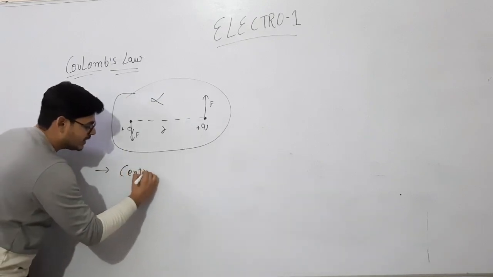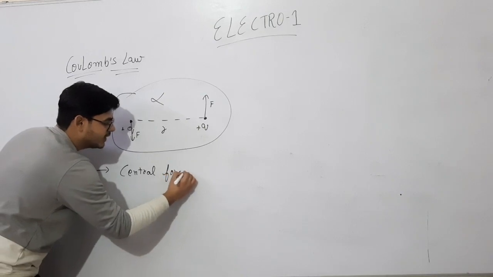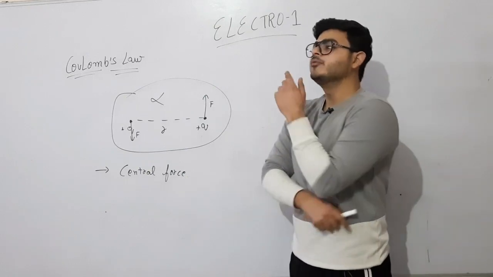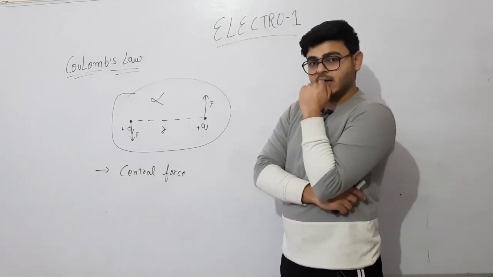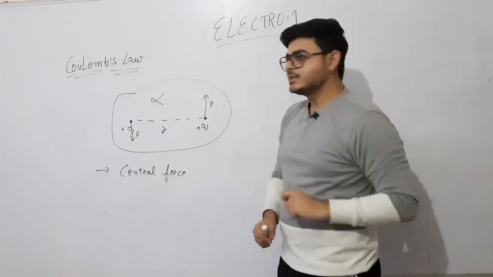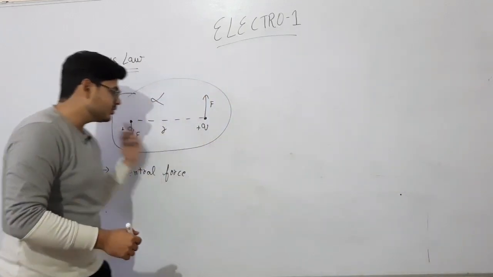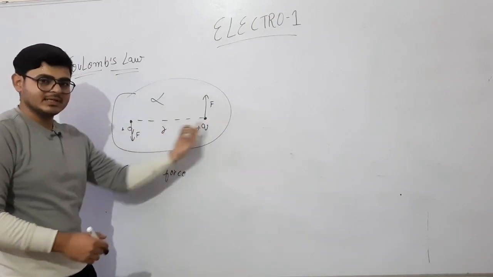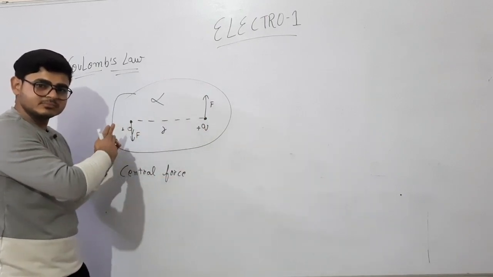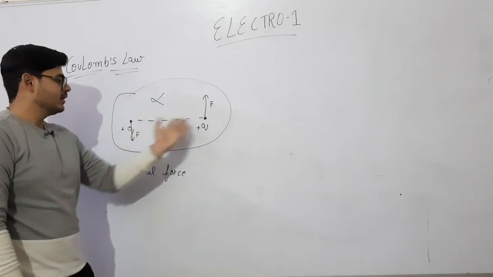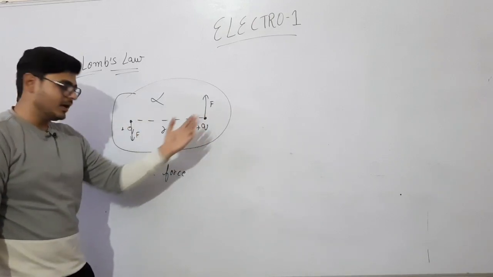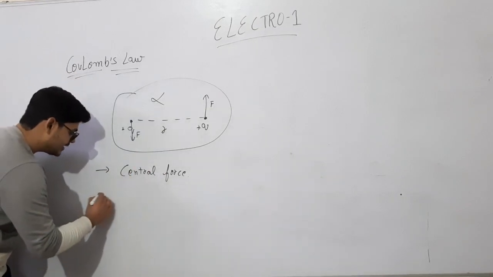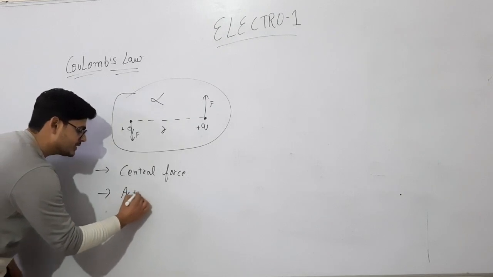What is a central force? A central force is basically one which acts along the axis only, the line joining the charges. Forces applied or generated on the axis only are called central forces. So what are electrostatic forces? First, they are an action reaction pair.